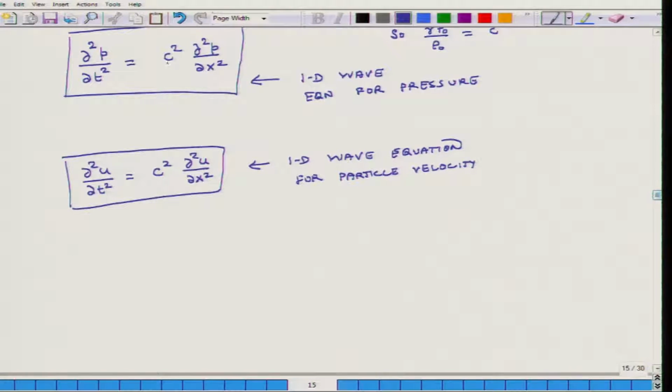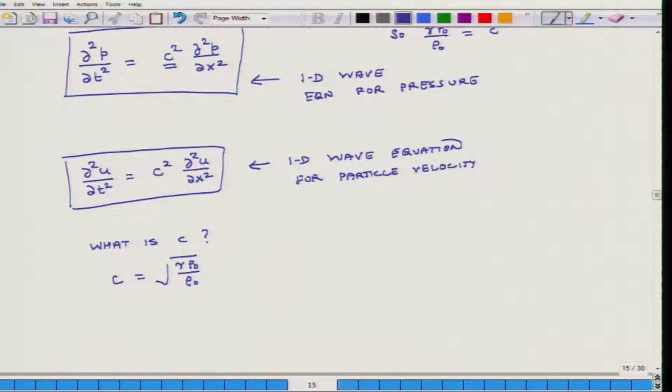Now, you may wonder what c is. We have defined c as the square root of gamma p naught over rho naught.